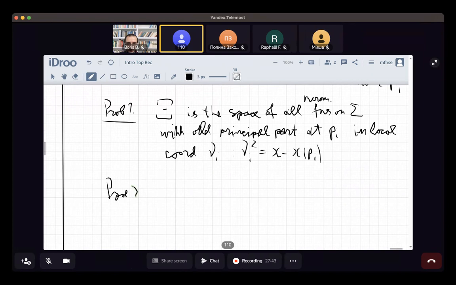Problem 2 is: W satisfy the LLE, the linear loop equation, whenever WGN belongs to psi.